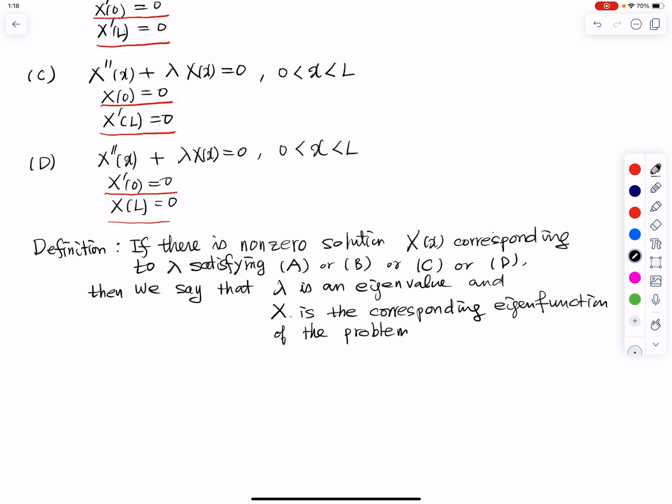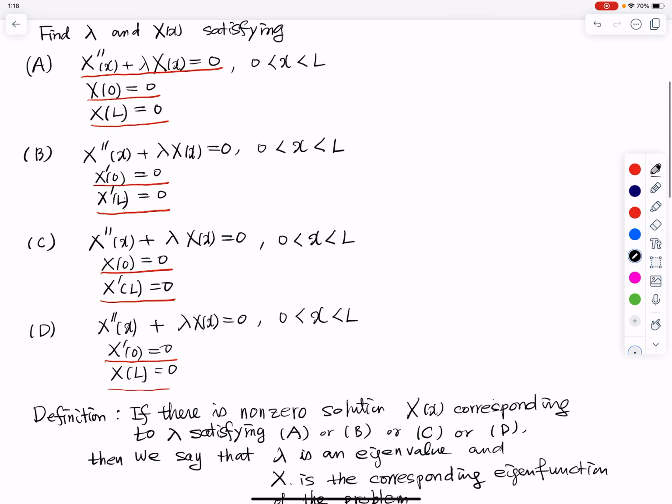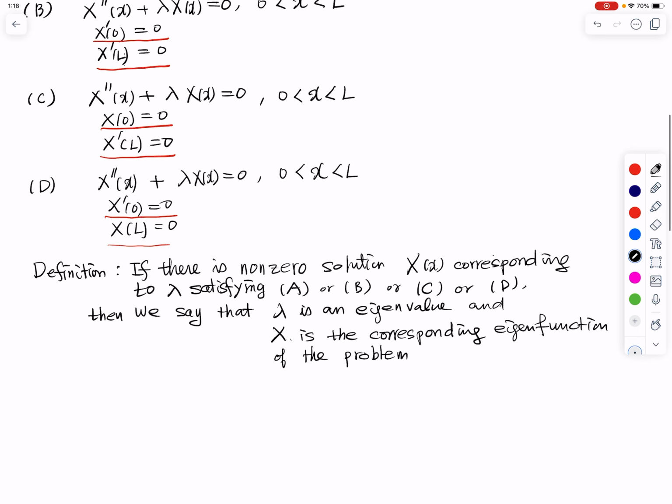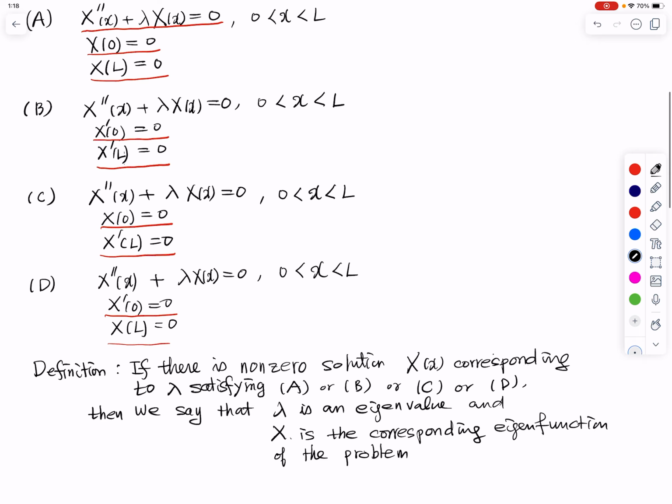So that's why we call these problems eigenvalue problems. These are ODE equations, and these four types of eigenvalue problems will be used to get the Fourier series solutions.